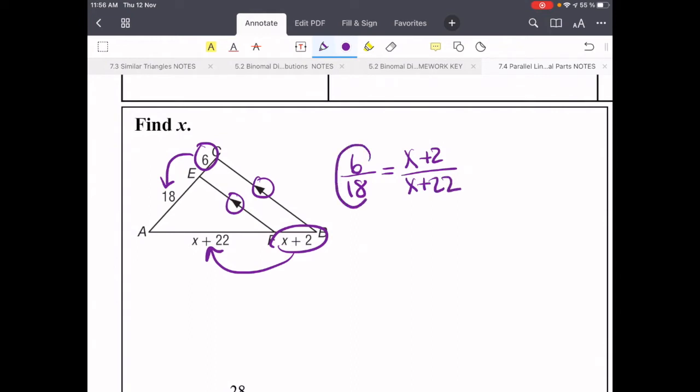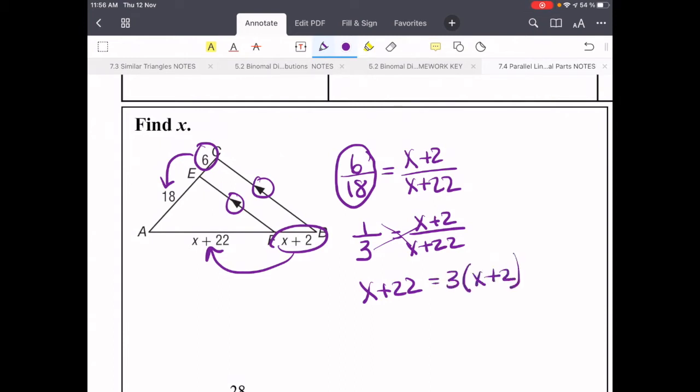Now, I always like to save myself some time and reduce if I can. So 6/18 reduces to 1/3. Let's rewrite this: 1/3 equals X plus 2 over X plus 22. And now we can cross multiply. So we have X plus 22 times 1 equals 3 times X plus 2.